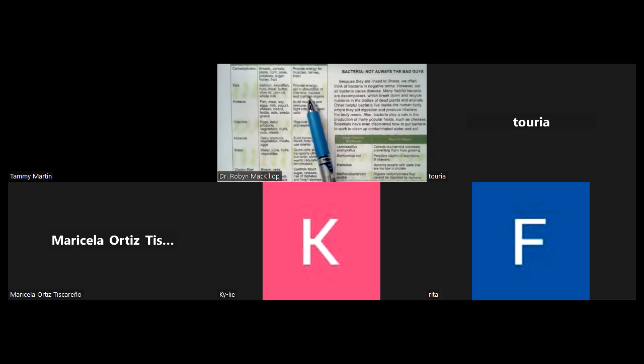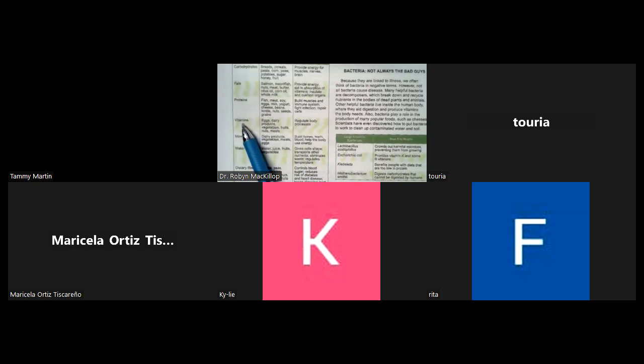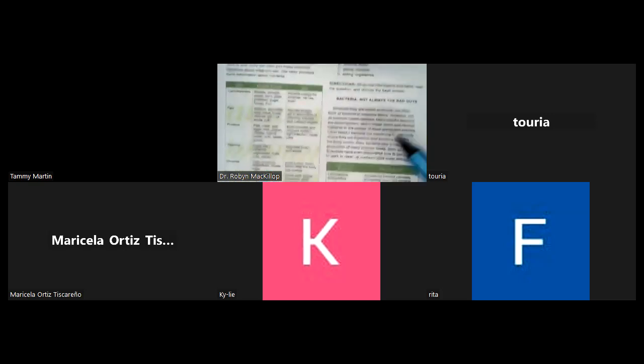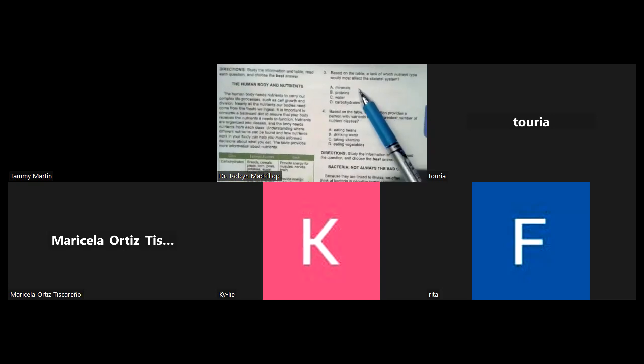Let's see, that's energy, organs, infections, body processes, bones. So if we were lacking in minerals, we might have issues with our bones. It'll be A. And some of you very likely could have answered that without reading at all because of the things that you do in life. You know stuff, right?